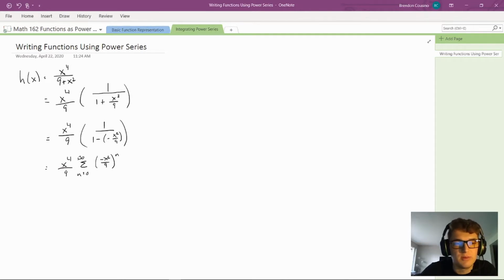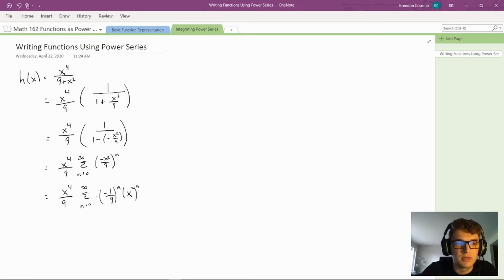Okay, so now we want to bring everything inside of the power series representation. For this step I'm just going to be simplifying inside of the power series. So we have x to the fourth over 9, and then the summation of n is equal to 0 to infinity of negative 1 over 9 to the n, and then x squared to the n.